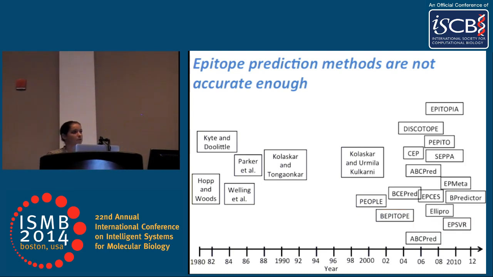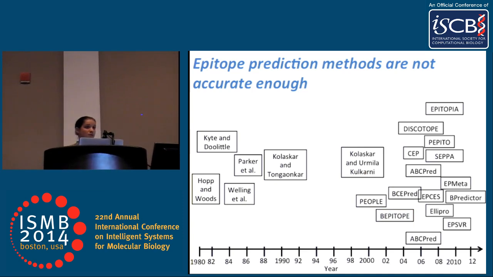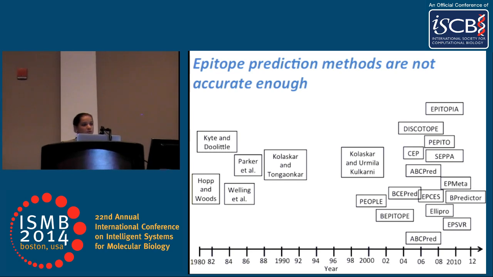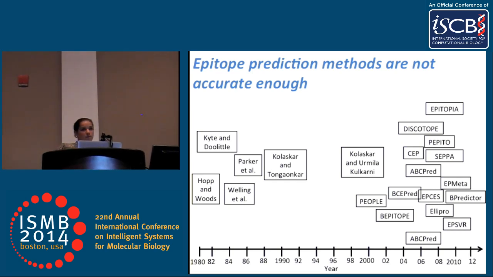Later on, more sophisticated methods were developed, where most of them try to separate between epitope and surface residues based on a combination of properties of these residues. Some of them also take into account the antigen 3D structure and cluster predicted residues over the antigen 3D structure.